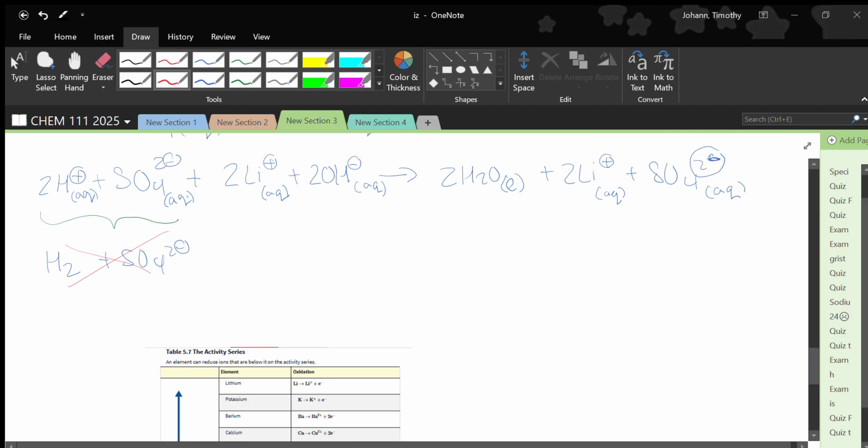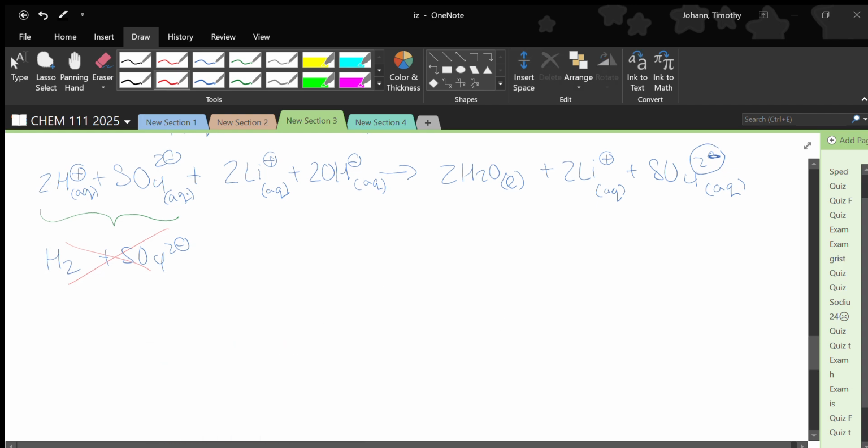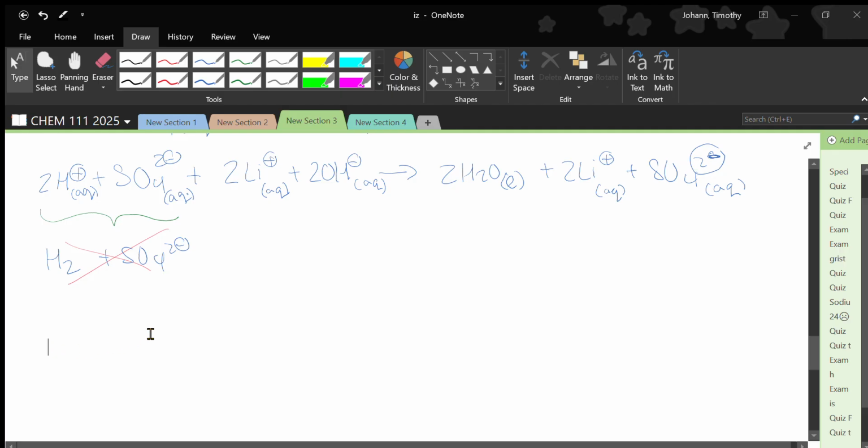We're going to talk about oxidation and reduction reactions next. So we have oxidation and reduction reactions, and these are really cool. The ones up above are cool too.